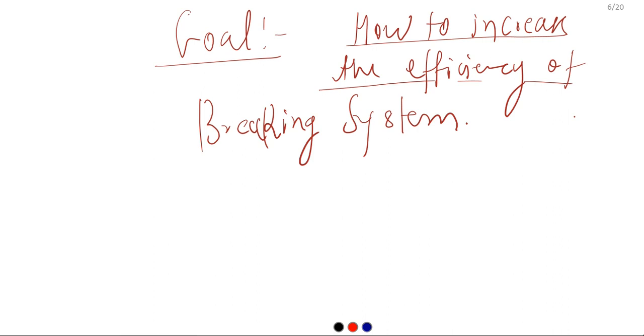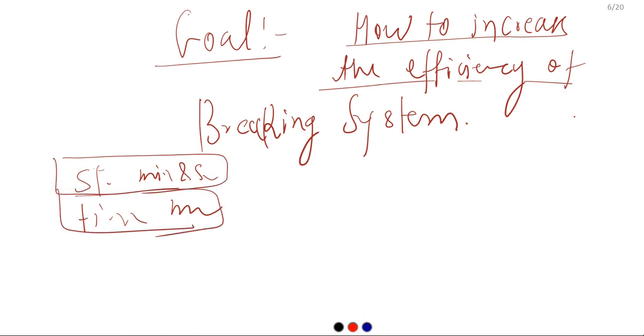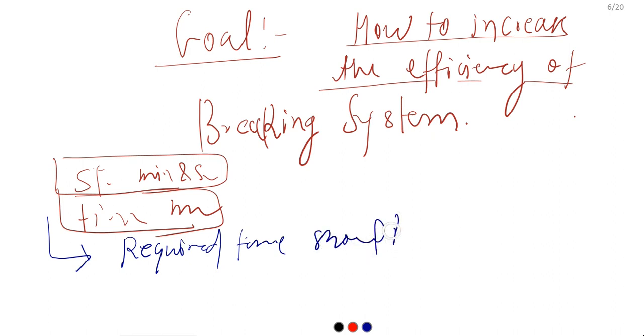You should recall the requirement of a good braking system. That means stopping distance should be minimum and safe. Time should be minimum. So how can we decrease this? And also the required force should be very less, as little as possible.